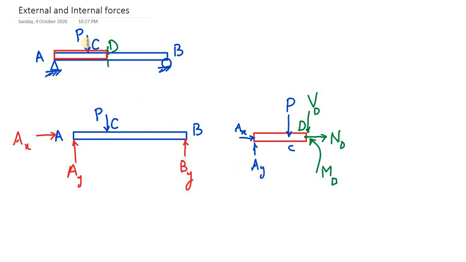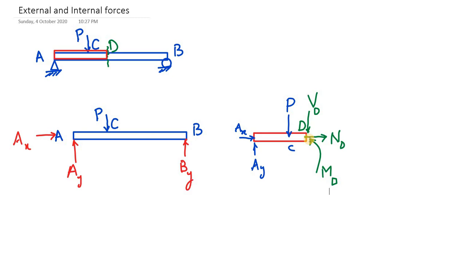This force AY is not necessarily equal to P, so there must be an additional force acting over here that maintains equilibrium of this segment. Similarly, this beam is not translating in the horizontal direction, so if we have a potential reaction force acting over here, there must be a potential reaction developed on this side.